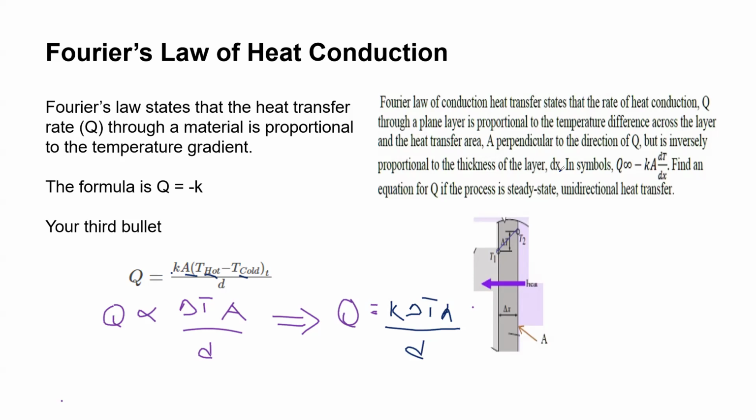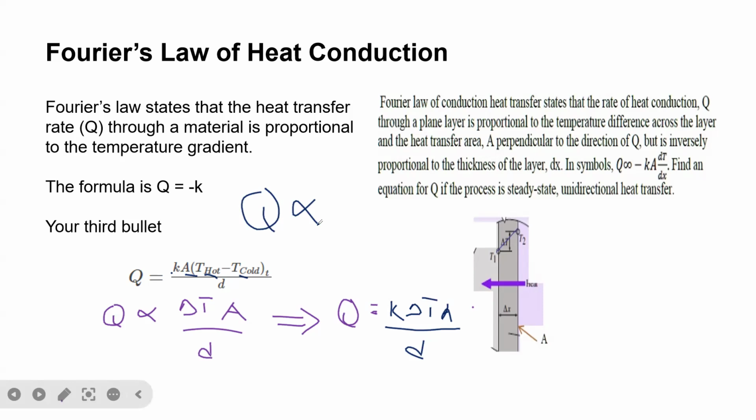And in some other textbooks, you will see that they will tell you that the quantity of heat is directly proportional to the temperature gradient and area. So what is temperature gradient?